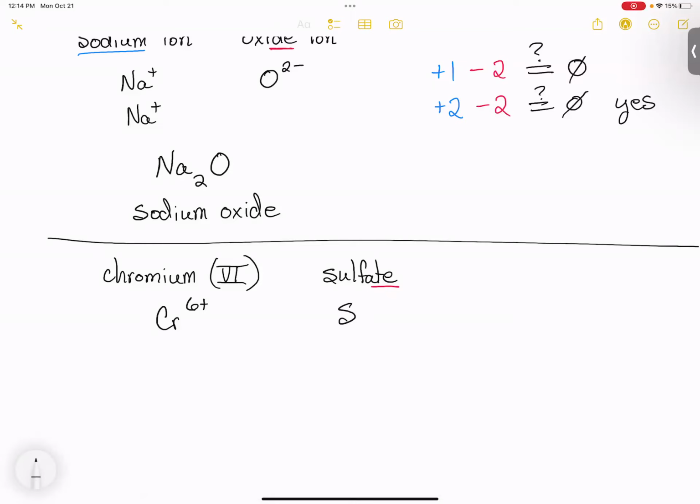So how many oxygens will the ATE have? 4 oxygens. So what can we say about the charge on the sulfate?